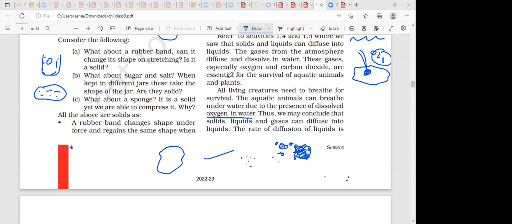And the answer is: due to the presence of dissolved oxygen in water.